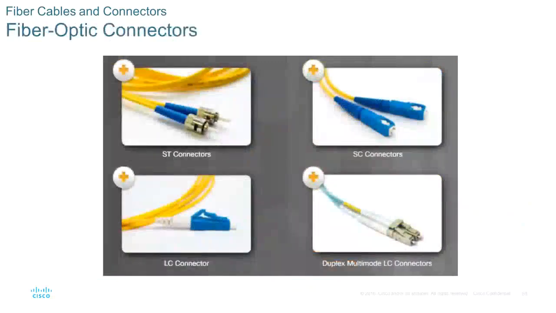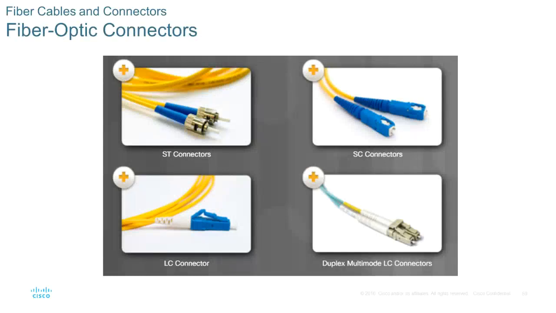And the various connectors. You've got the ST connector, which is a bit like the BNC connector. You push in and twist to lock in place. The LC connector is like our Ethernet cable. It has a locking tab. You push in, it goes click, and locks in place.